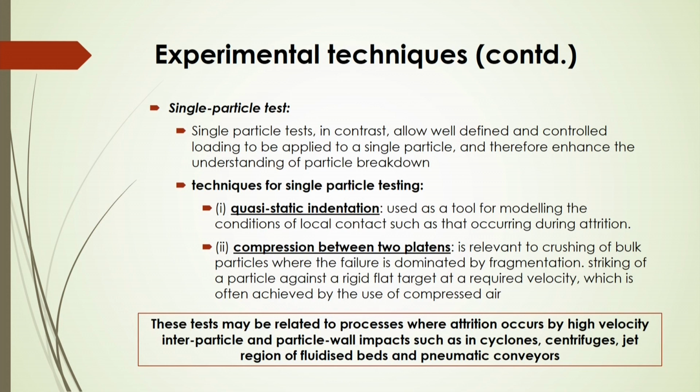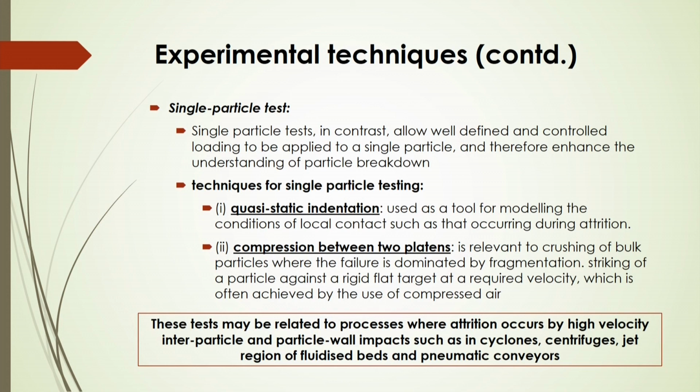So, these two techniques are being used for the single particle test, because in this case the local contact during attrition will be obtained by some mathematical simulation. And also sometimes bulk particle failure, which is dominated by fragmentation, can be obtained by compression of the two platens or by compressed air.